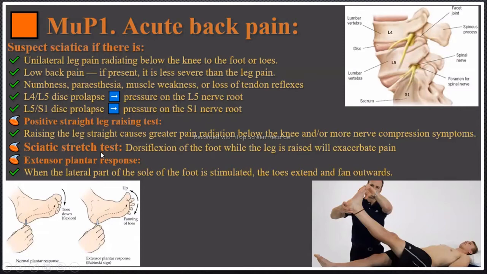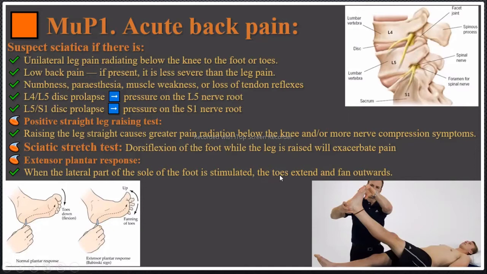Sciatic stretch test. So you will do dorsiflexion like that. You will move the foot forward while the leg is raised. It will exacerbate pain. So it's positive. It means sciatica. The last one, extensor plantar response. You will stimulate the lateral part of the sole.